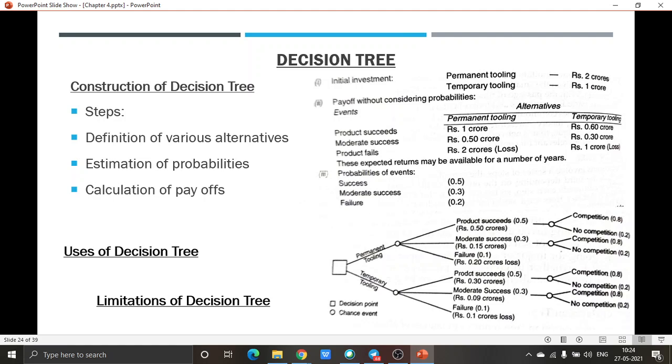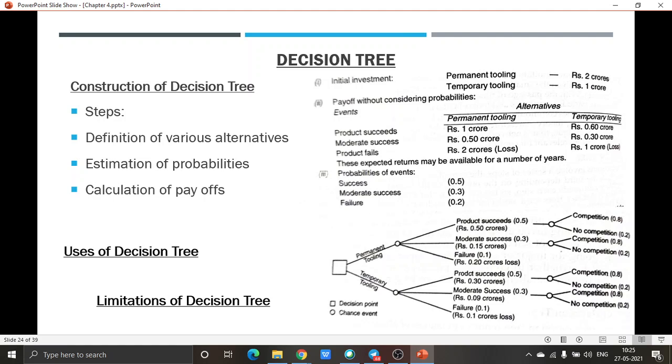Now, if we see this decision tree, the payoff for an ultimate alternative has been calculated by taking into account the probabilities of the alternative as well as the previous alternatives, and multiplied by the expected payoff of the first alternative without its probability. I'll repeat it once again.